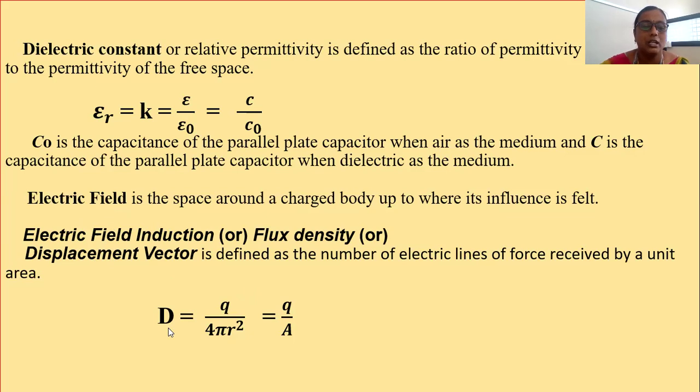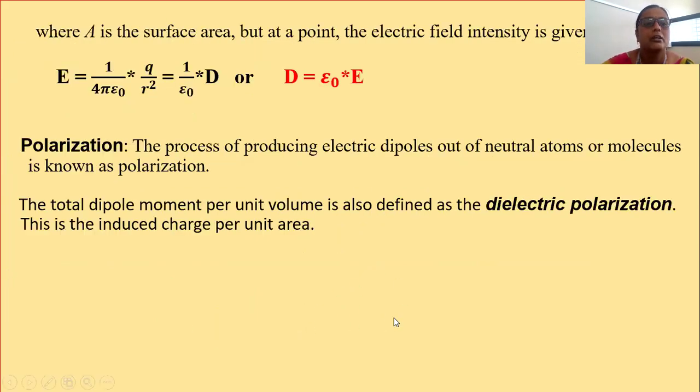So the equation is D is equal to Q by 4 pi R square. 4 pi R square is the area around the charge. Q by A, where Q is the charge and A is the area surrounded by the charge. If it is a spherical shape, then the area is 4 pi R square, the surface area.